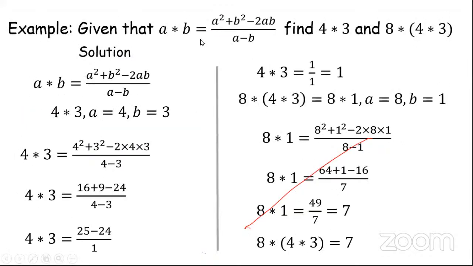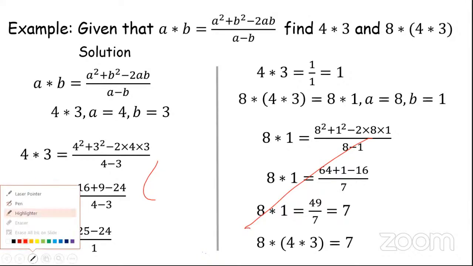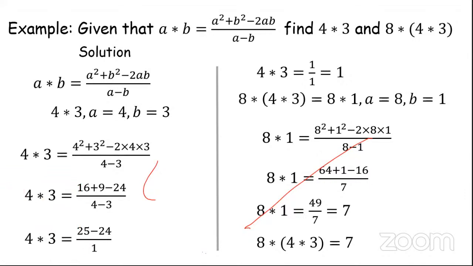This other one now, given that a star b is equal to a squared plus b squared minus 2ab divided by a minus b, find the value of 4 star 3 and 8 star bracket 4 star 3.